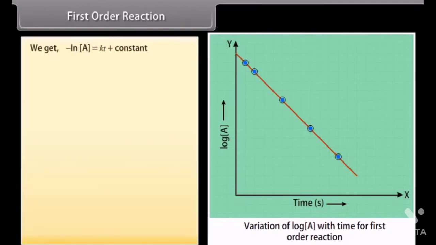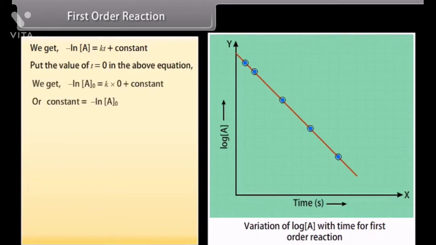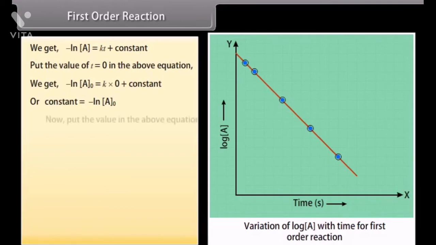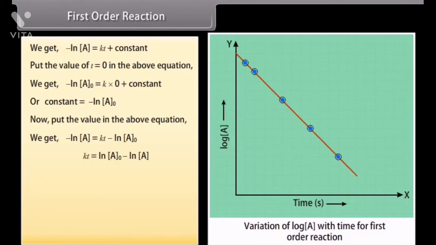minus natural log of A is equal to Kt plus constant. Put the value of t is equal to 0 in the above equation, and we get constant is equal to minus natural log of A naught. Now put the value in the above equation, and we get minus natural log of A is equal to Kt minus natural log of A naught.